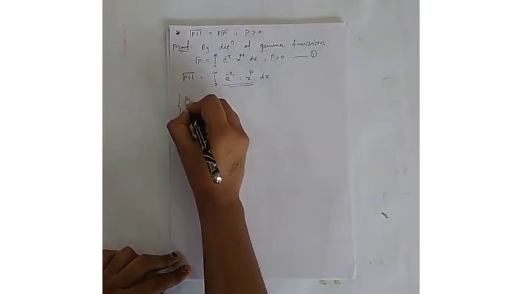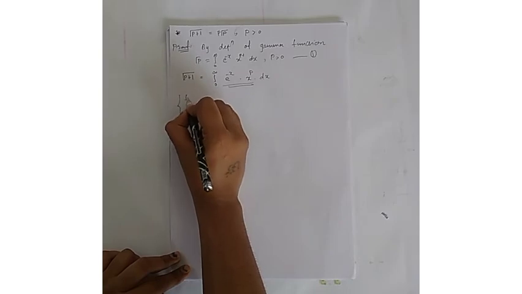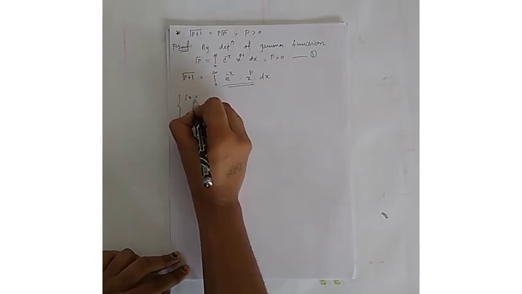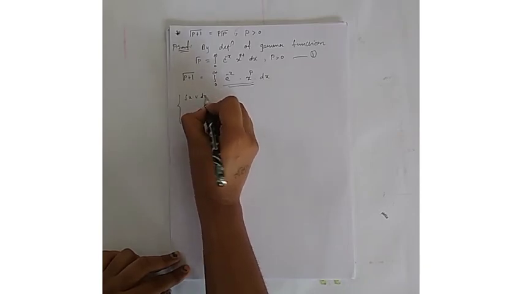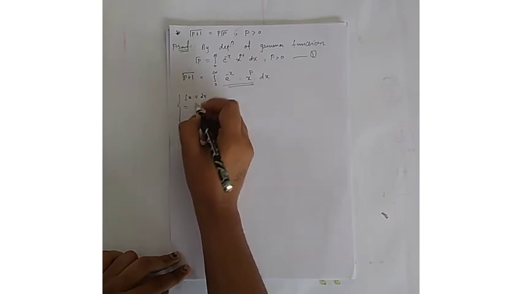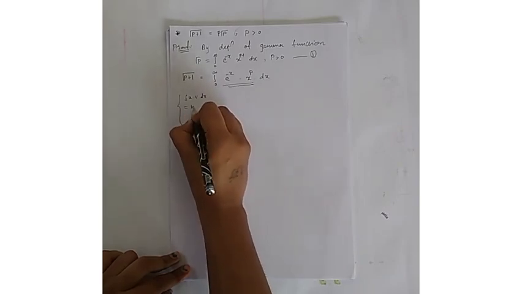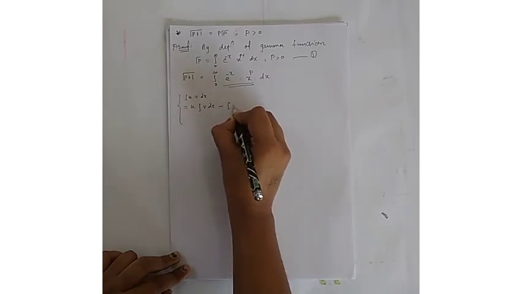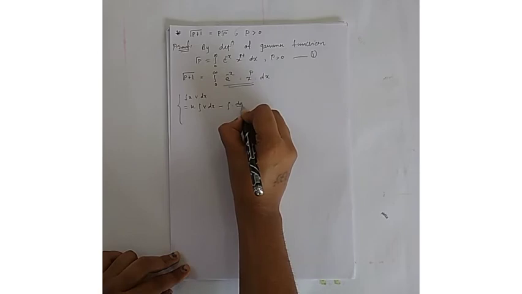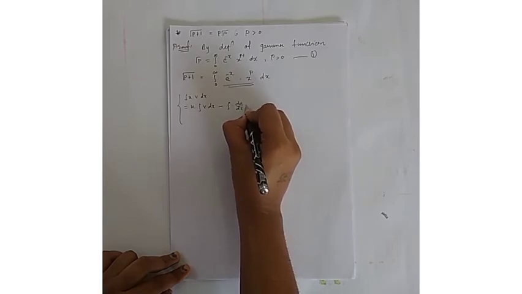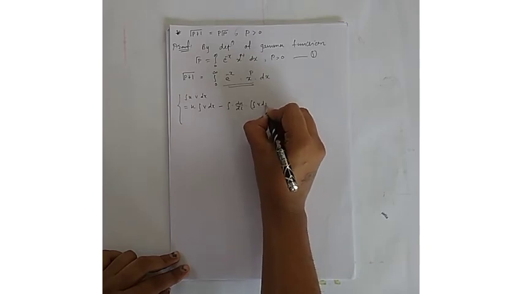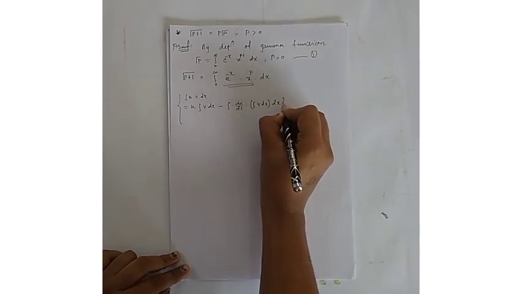You know what integration by parts is: if we integrate the product of two functions u into dv, where u and v are both functions of x, then we use u into integration of v dx minus integration of du by dx into integration of v dx, into dx.